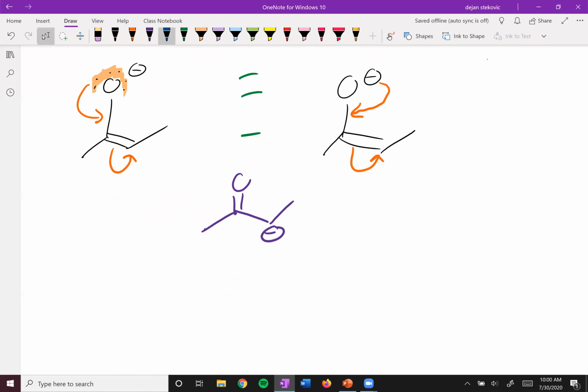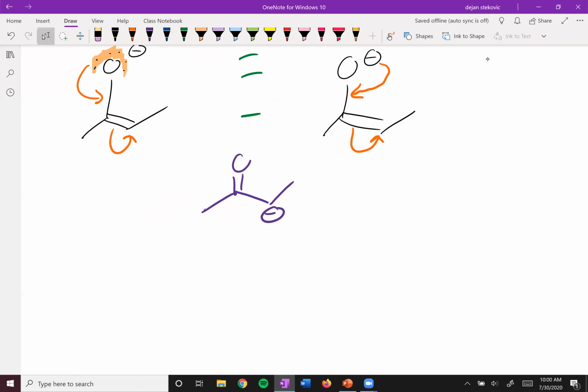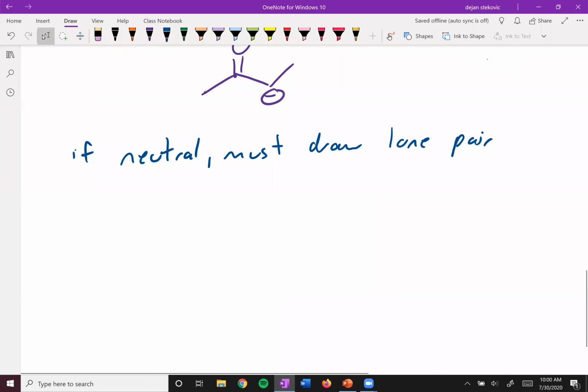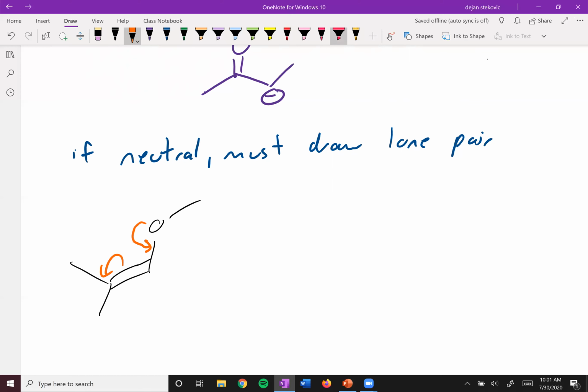We can only do that, though, if we have a negative charge. If you're neutral, you must draw your arrows from a lone pair. And so you have to explicitly put the lone pair in. So for example, if you have a structure that looks something like this, you cannot just say that these lone electrons move from here to down here. You cannot do that.